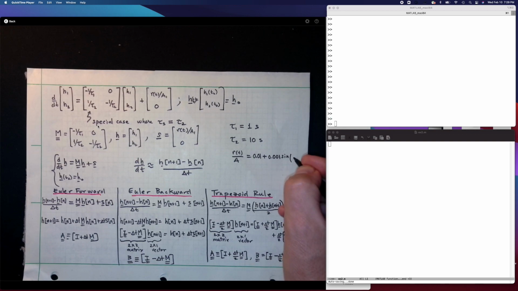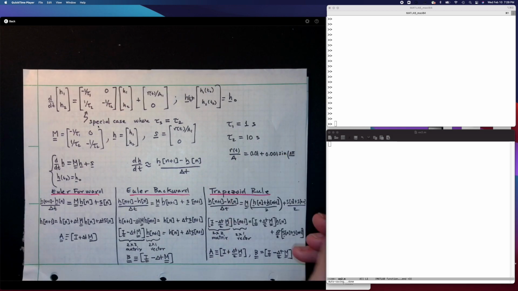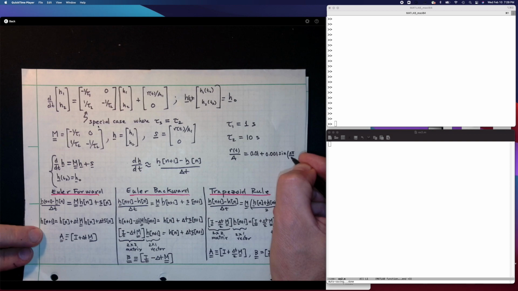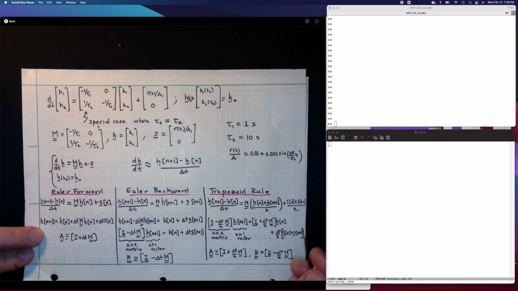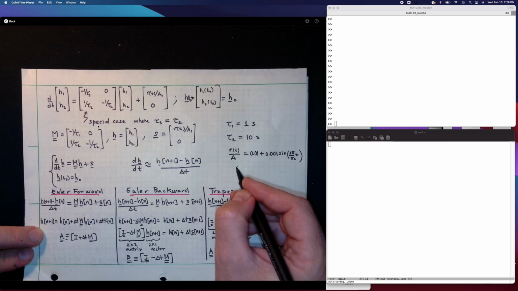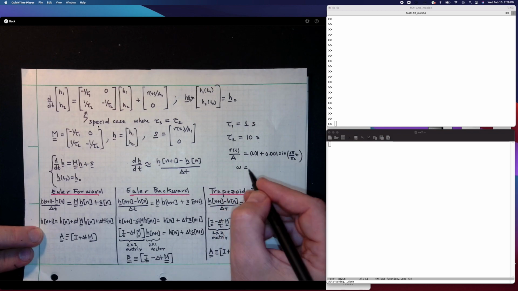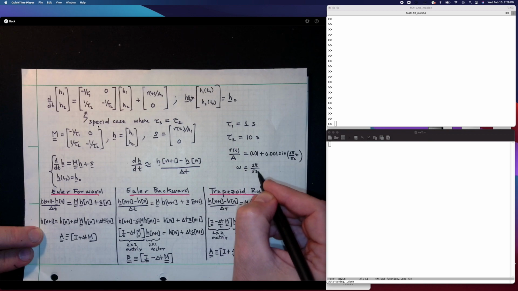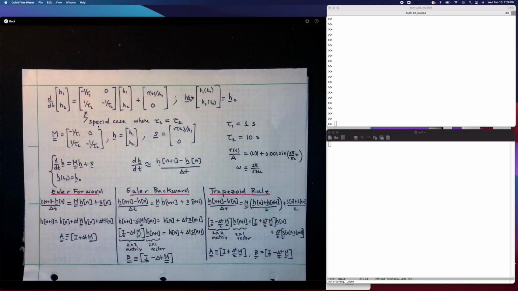And here I need to pick a frequency, and I'll pick that to be 2 pi divided by a period, somewhere in between these two. Let's pick it to be 5 seconds, times t. So this quantity omega, I'm going to define to be 2 pi over 5 seconds, somewhere in between those two time scales.